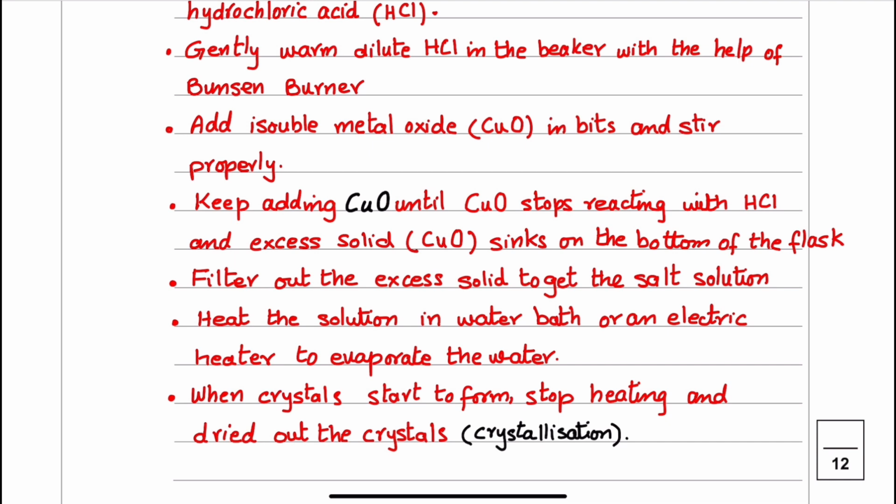Filter out the excess solid, meaning the insoluble copper oxide, to get the salt solution. Heat the solution in a water bath or an electric heater to evaporate the water from the solution. When green crystals start to form, stop heating and dry out the crystals by the method of crystallization.